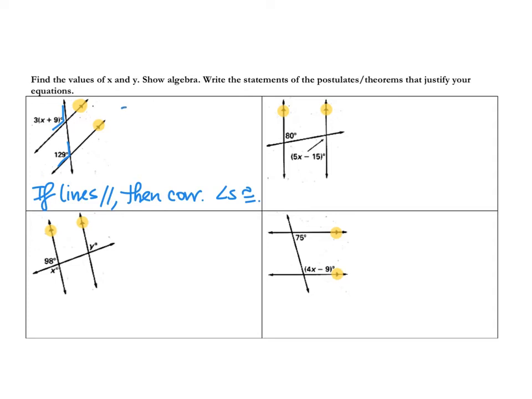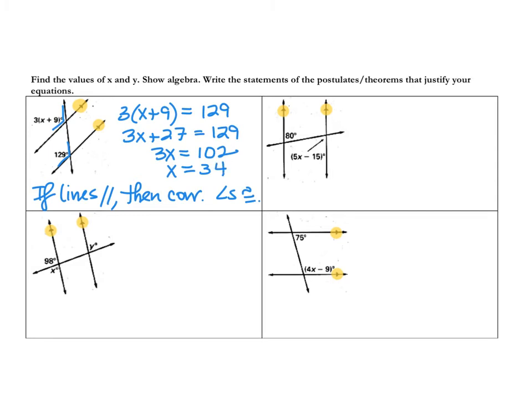So to solve for x, we'd say 3 times the quantity x plus 9 is equal to 129, which makes 3x plus 27 equal to 129. So 3x is 102, and x would be 34. So 34 is the value that would cause that angle to be the same as its corresponding angle, which is 129.